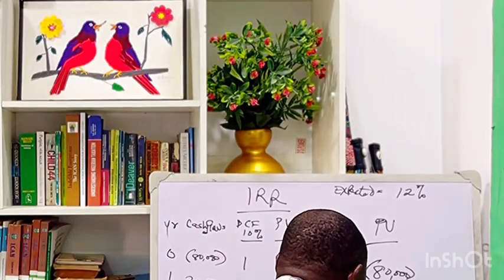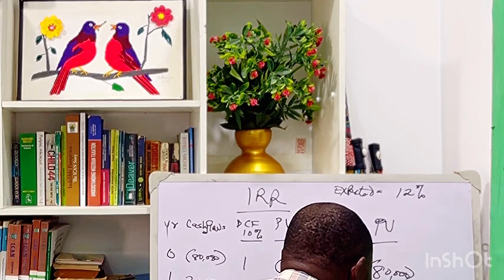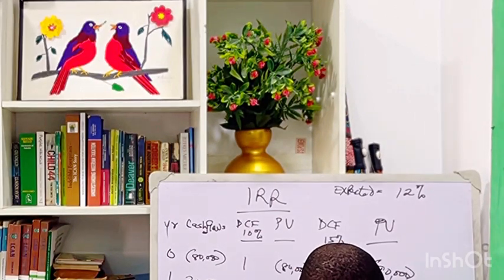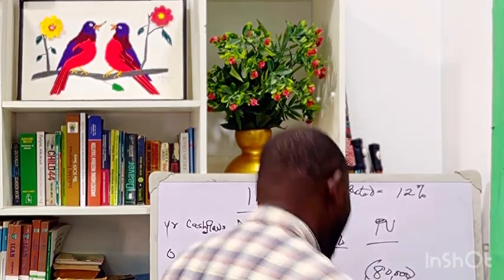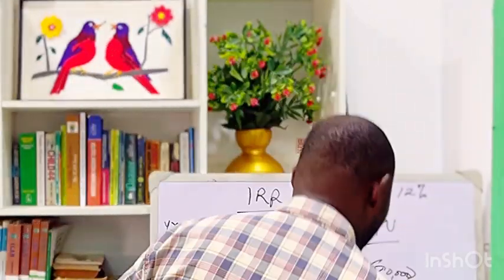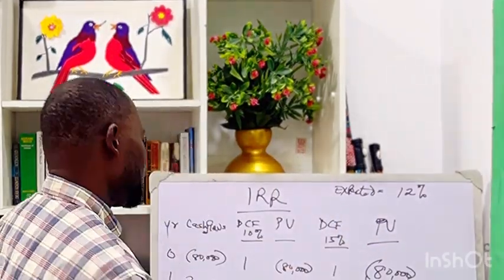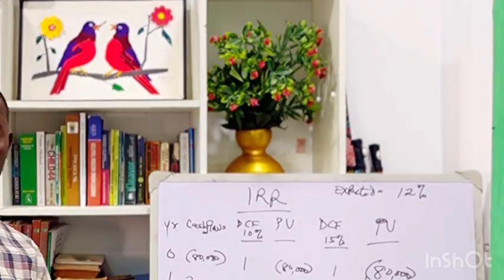Next, we have 19,740. And lastly, we have 9,724. Good. Now, having gotten all of this, when you total this, you have your NPV.